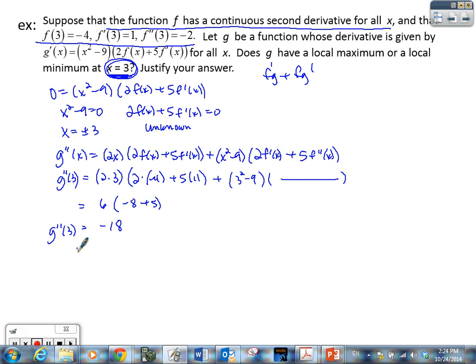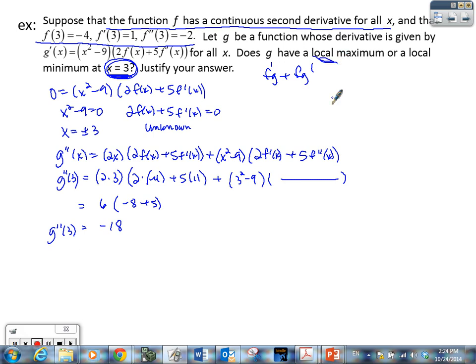All right, so let's think about this. Using the second derivative test, at 3 the first derivative is 0, and at 3 the second derivative is negative. What does that mean to us? It means it's concave down, right? Negative is concave down, so it's a local maximum. And what they're using is local.